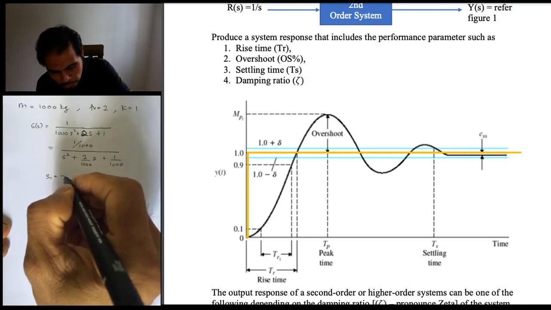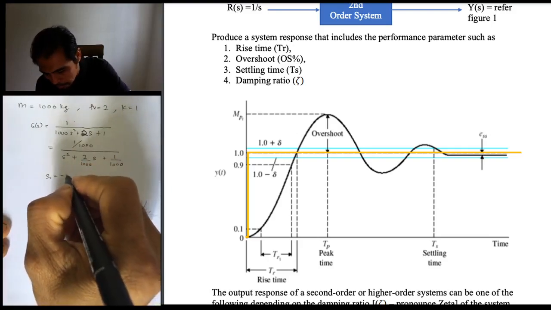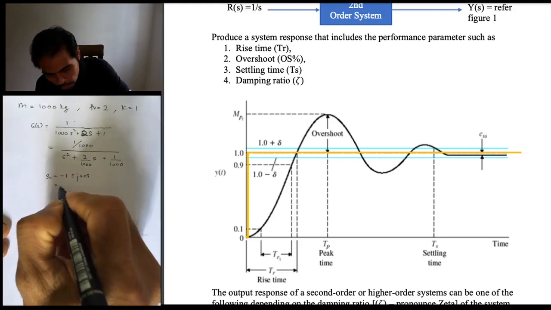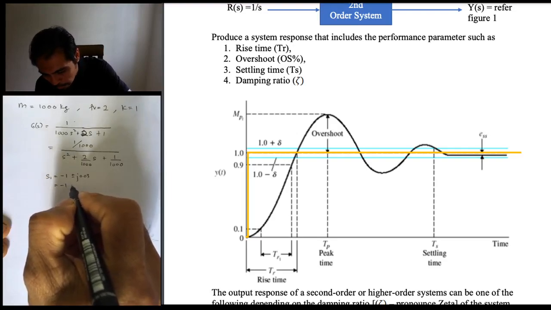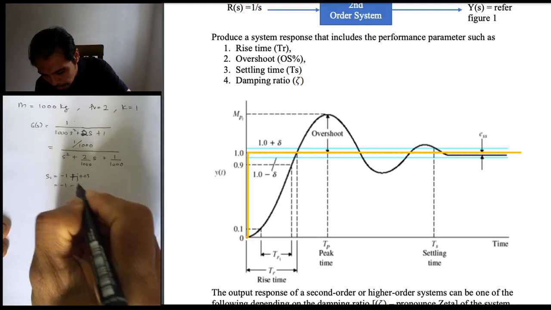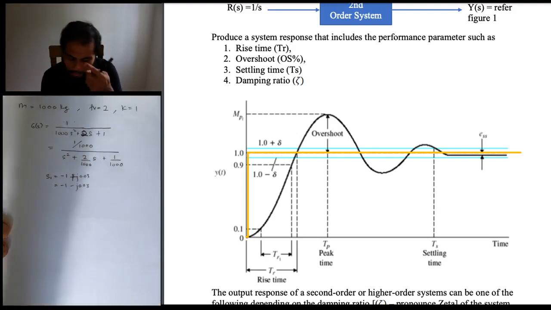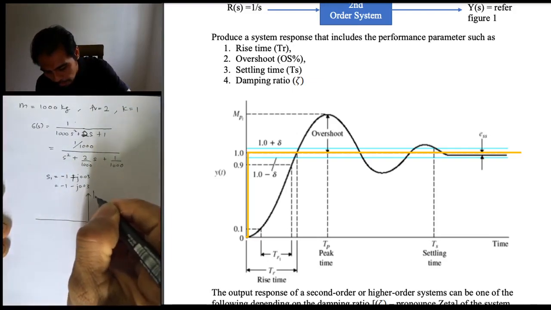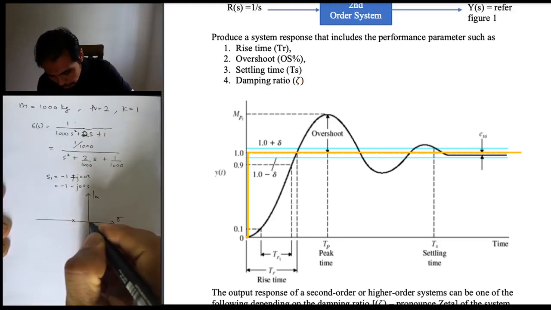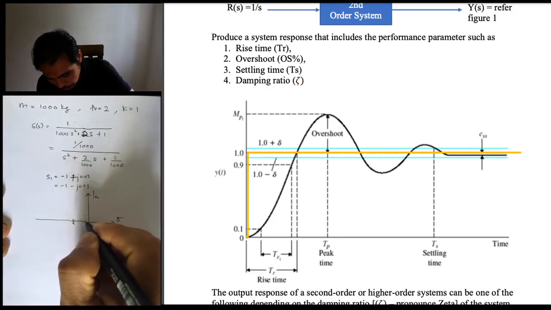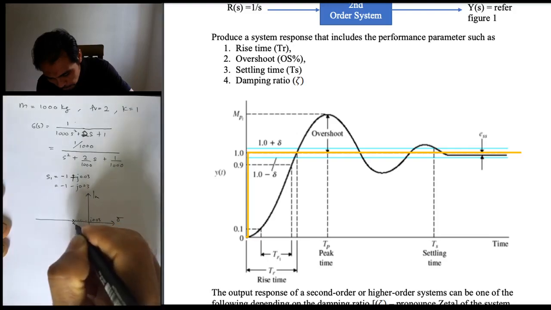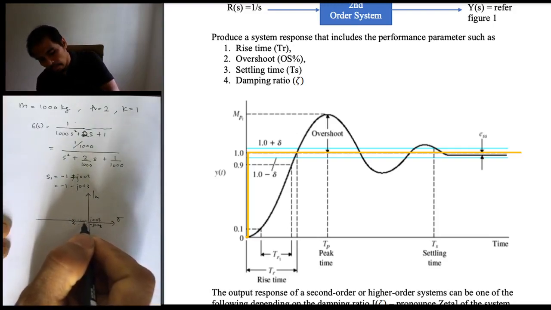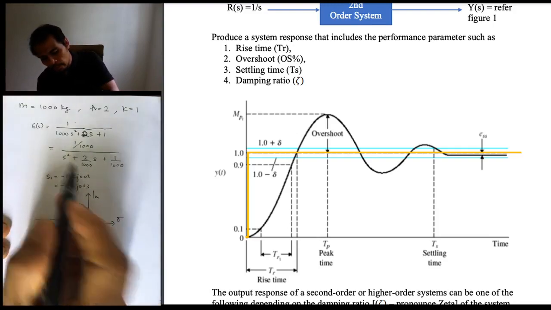We got this, you can verify this, plus maybe this is minus j0.02. You see that when you plot this on the s-plane, j0.03, minus j0.03, right? So it has very low damping compared to the mass.